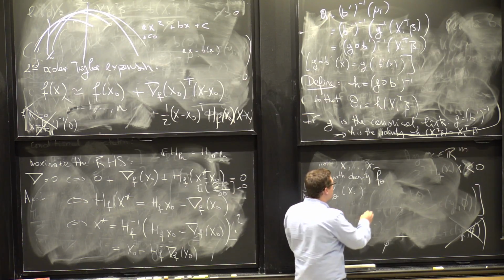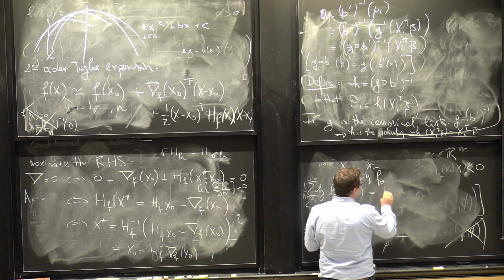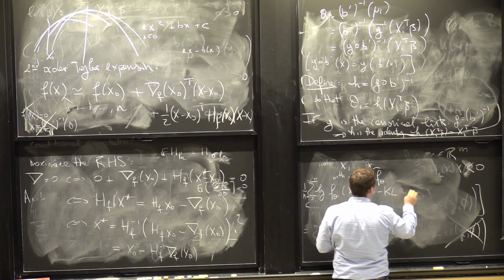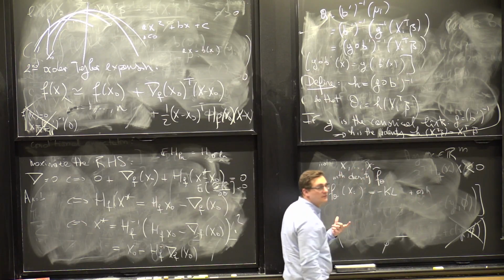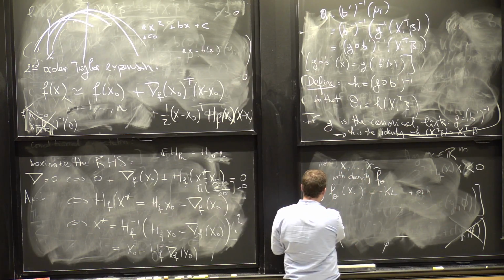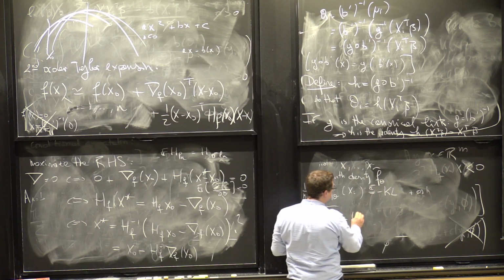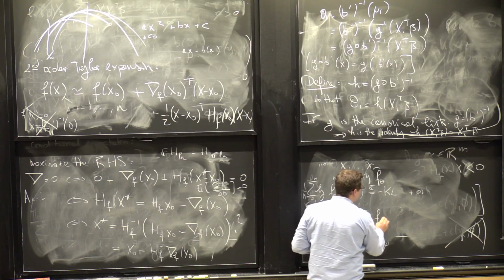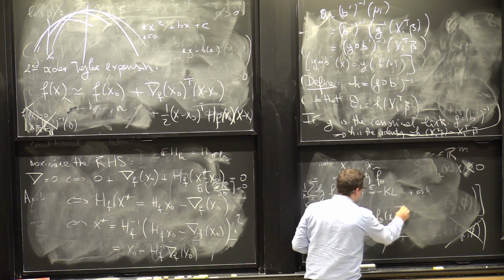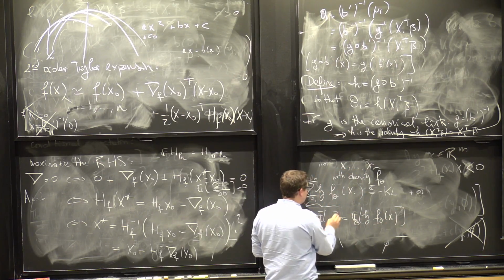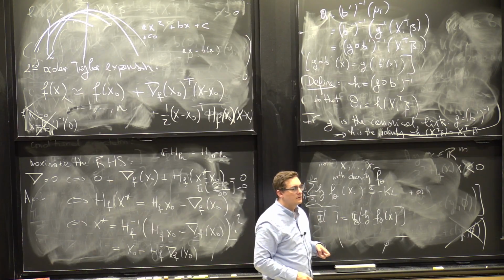So this is indeed equal to negative KL plus a constant. The expectation of this is just the expectation of one of them.